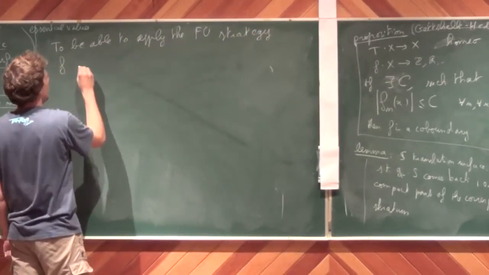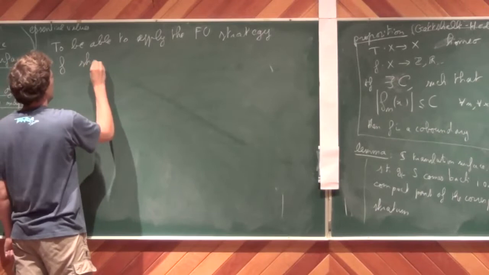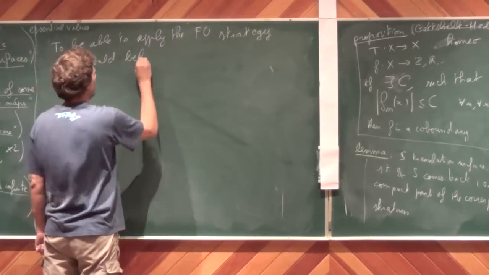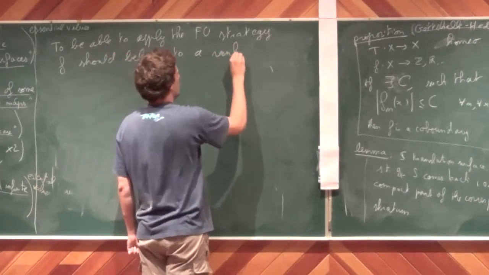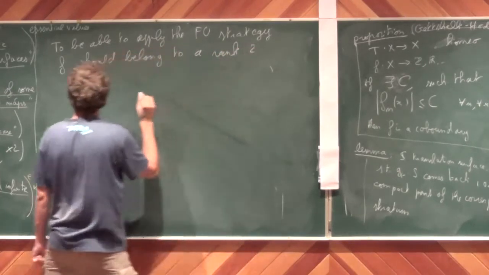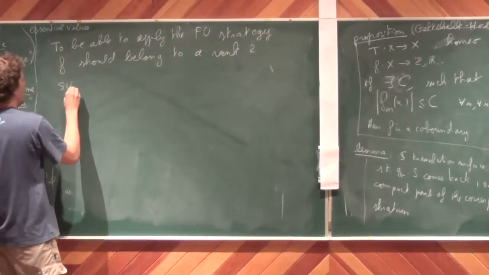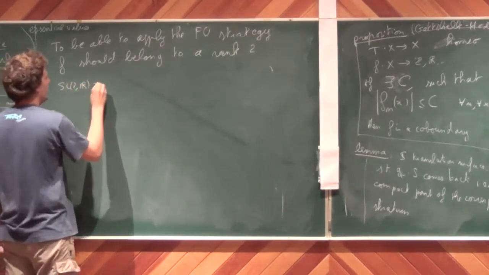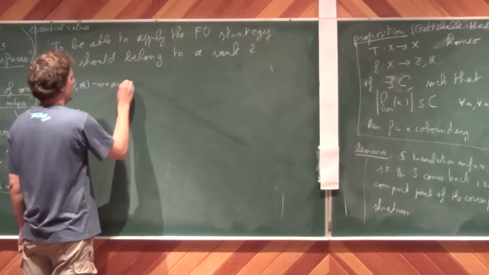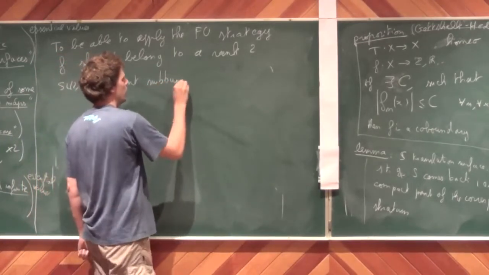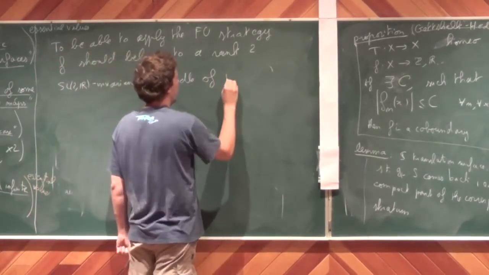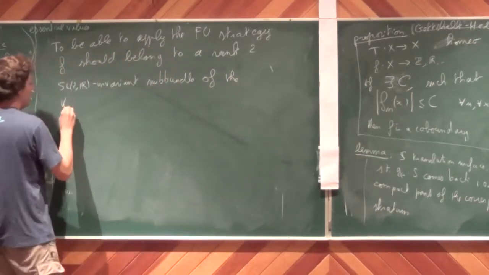Thus, the strategy: F should belong to a rank 2, so dimension 2, SL2R invariant subbundle of the cohomology.